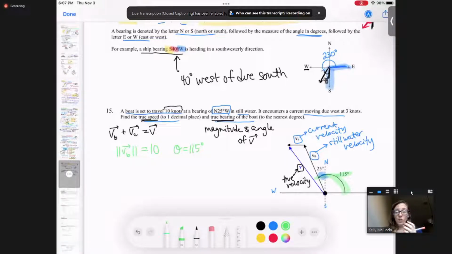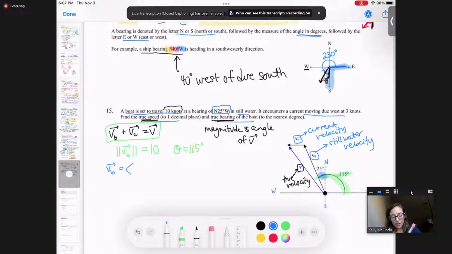And so ultimately, we want to do this, right? We need to say VB, this vector, is going to equal, and we're going to use that formula A cosine theta and B sine theta in order to find our actual vector form, our component form here.